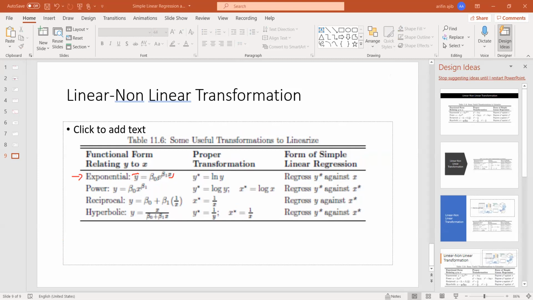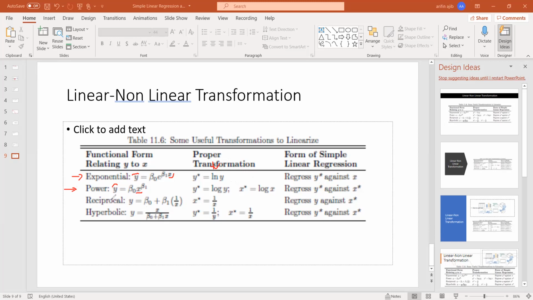But we can transform it to a linear equation by applying ln to the y component. Also for the power function, this is y and this is the variable x, and then we can transform it using logarithmic functions, and then it becomes linear.